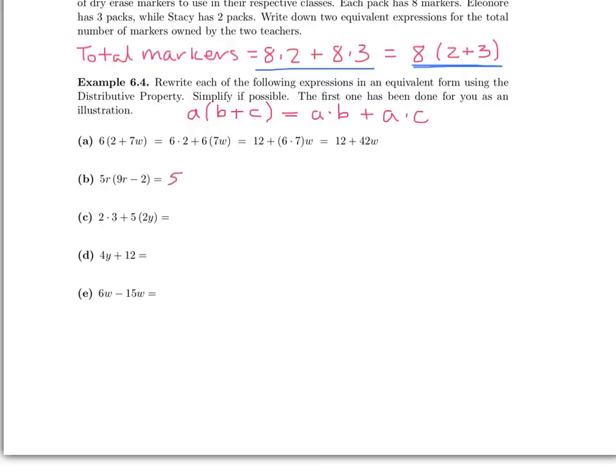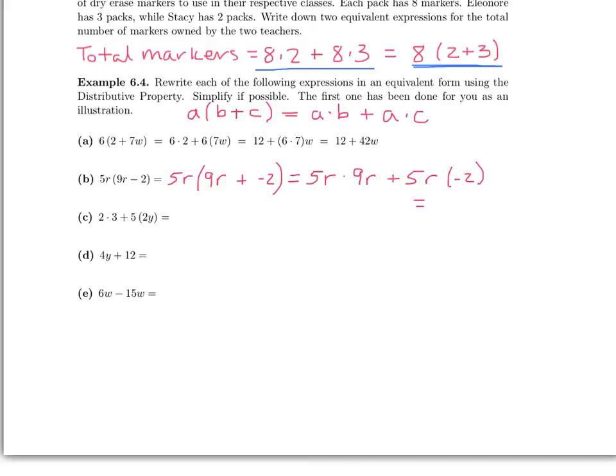We can rewrite this as 5R times 9R plus a negative 2. So you can see here that really the negative 2 is the C. If we apply the distributive law to this, we would rewrite this expression as 5R times 9R plus 5R times negative 2.